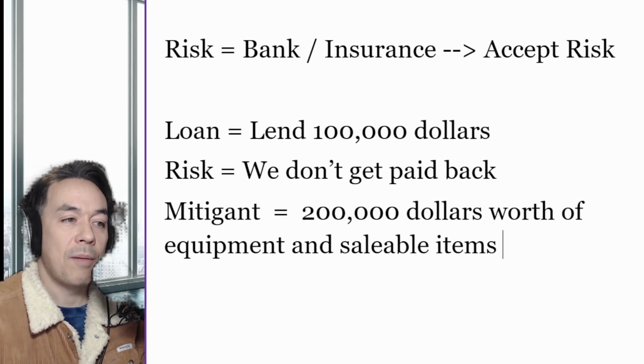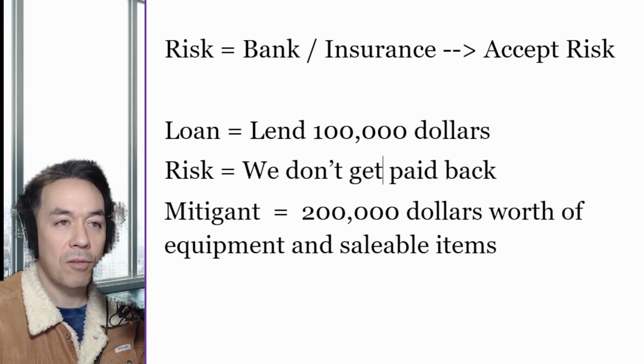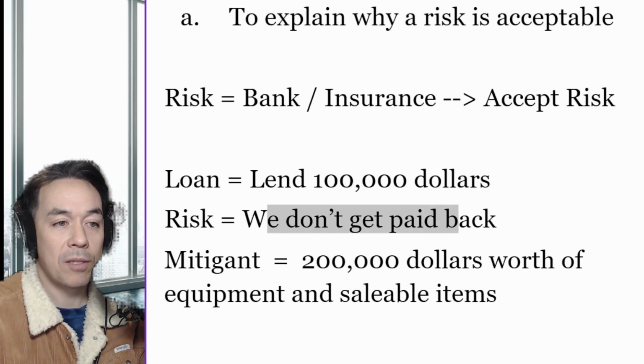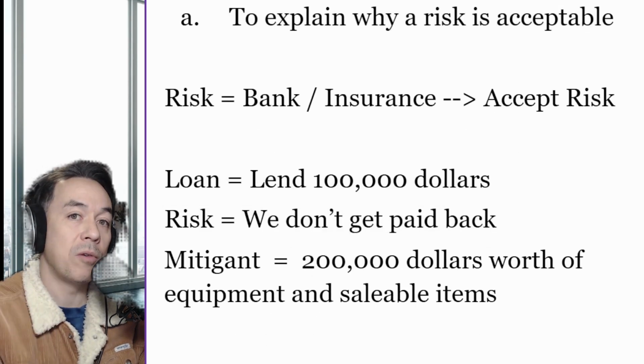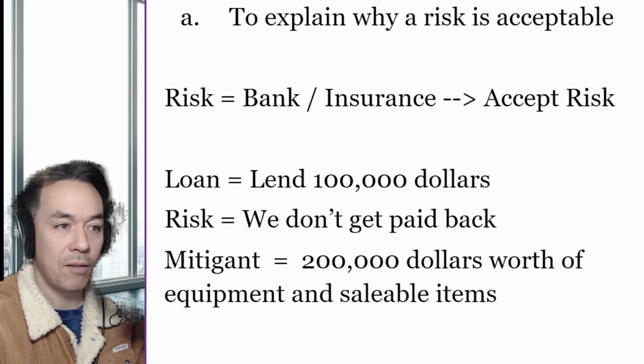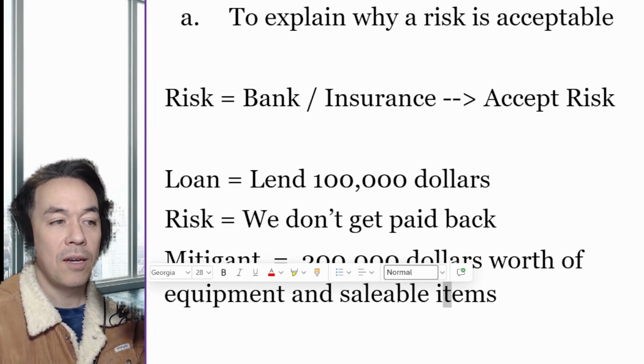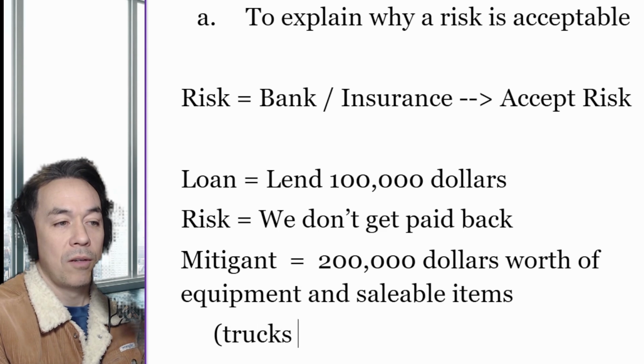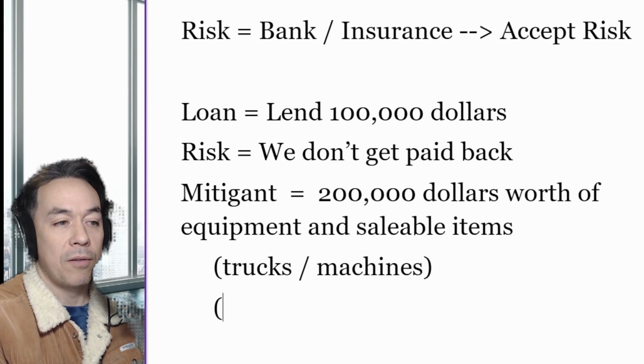So that means, well, the risk is we don't get paid back. We could lose money, but we think it's okay. We explain that this is an acceptable risk because here we've researched it, we've investigated, we can see they've got equipment, whatever, trucks, machines, and other items.